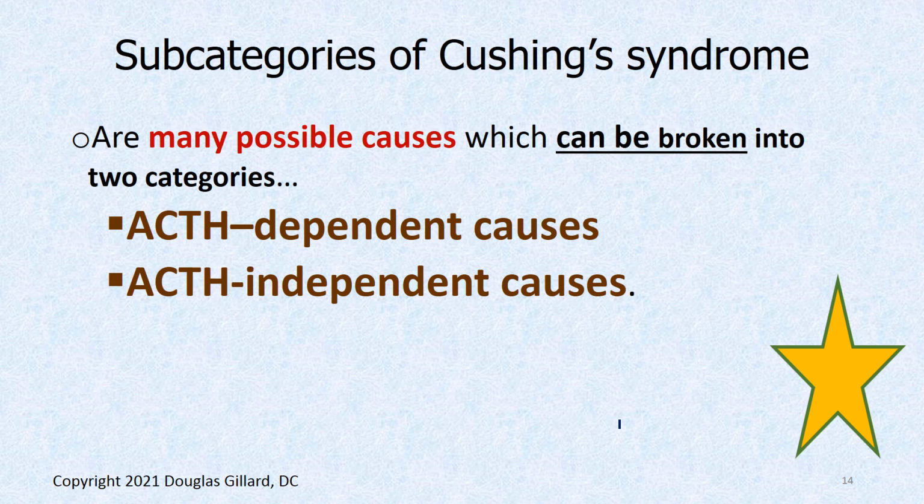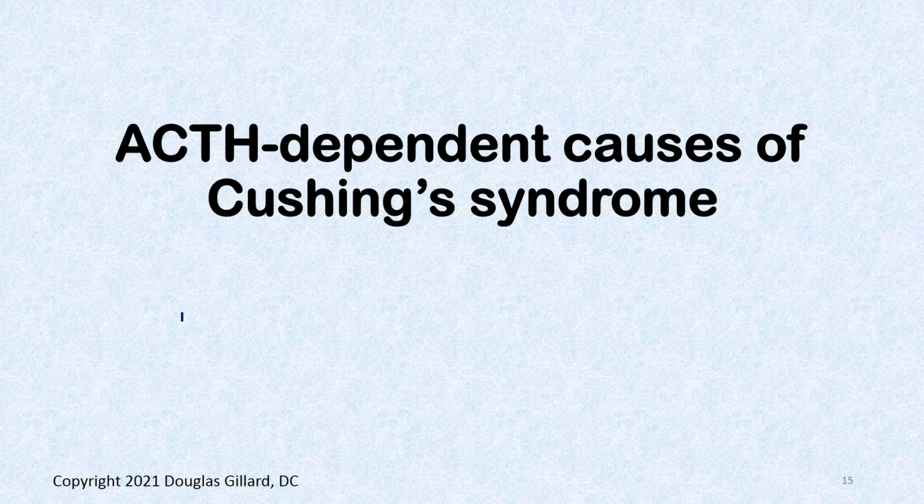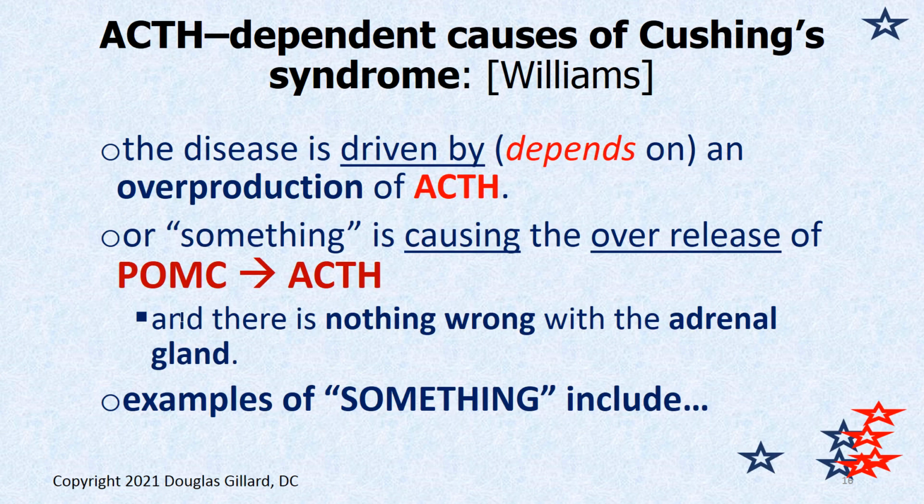There are many possible causes, but you can break them down into two camps: ACTH-dependent causes, meaning it depends on ACTH, or ACTH-independent causes, which means ACTH is not the problem. Let's look at ACTH-dependent causes of Cushing syndrome.